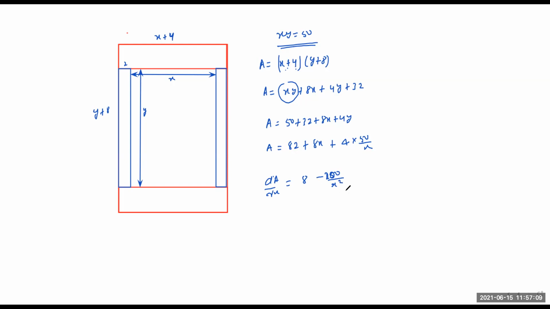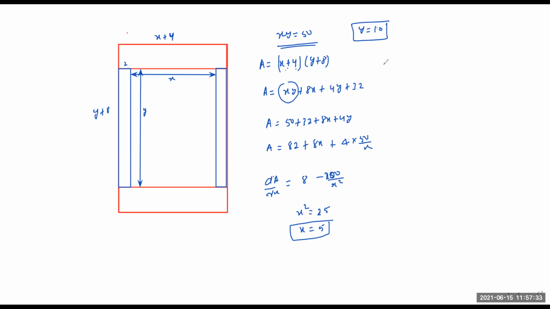So if I equate to 0, what am I going to get? x squared equals 25. So x equals 5. That's nice. So we got the answer. x is just 5. And because x is 5, y is how much? 10.